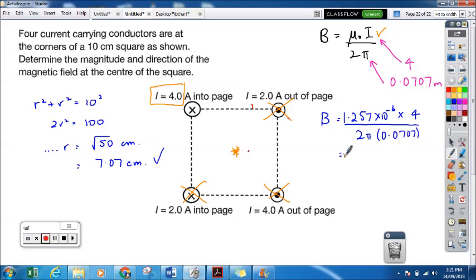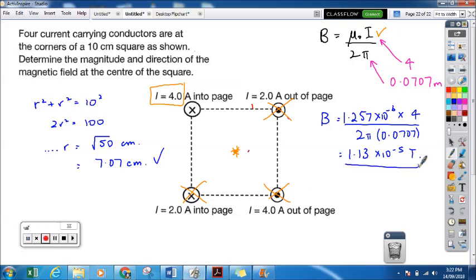And when that's calculated, it becomes approximately 1.13 by 10 to the minus 5 Tesla. So we've now found that the B at this center here, due to this single conductor, is equal to this.